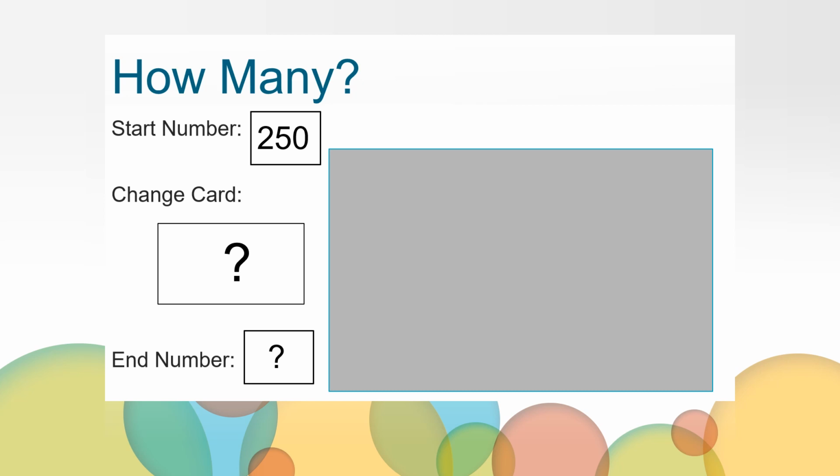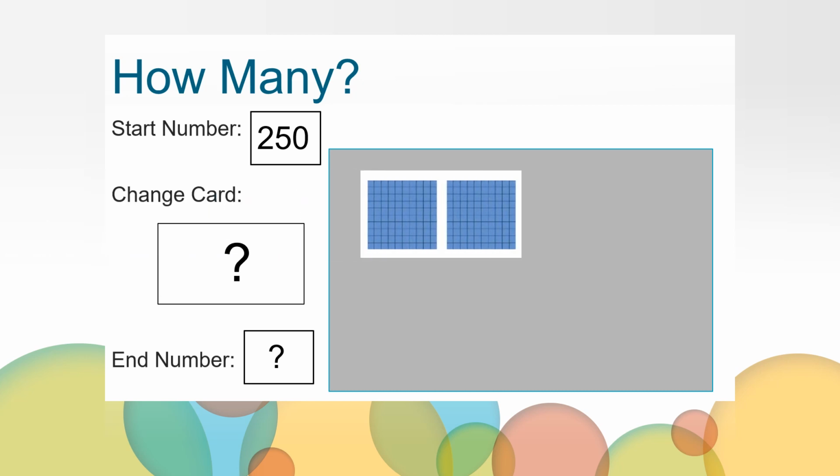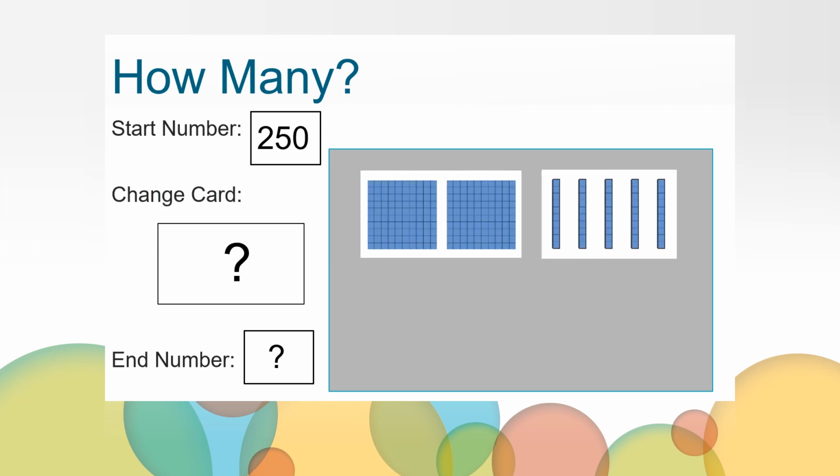Our first number is 250. Take a moment to write or draw a picture of what 250 would look like on your paper. Did you draw 2 hundreds flats? 5 tens rods?